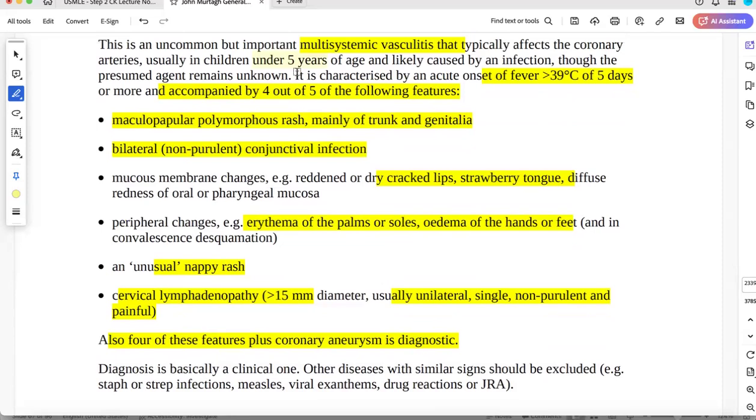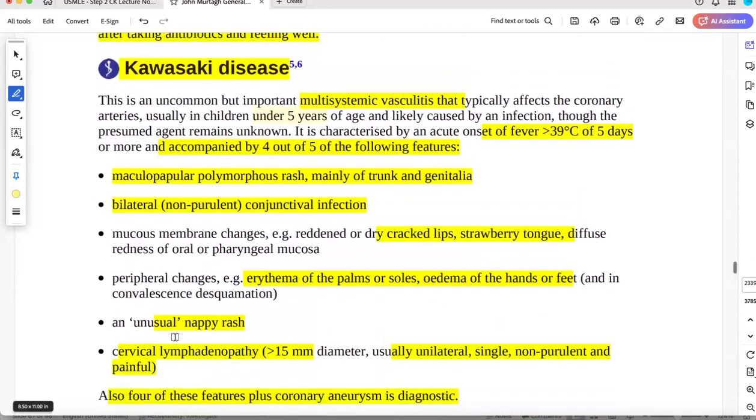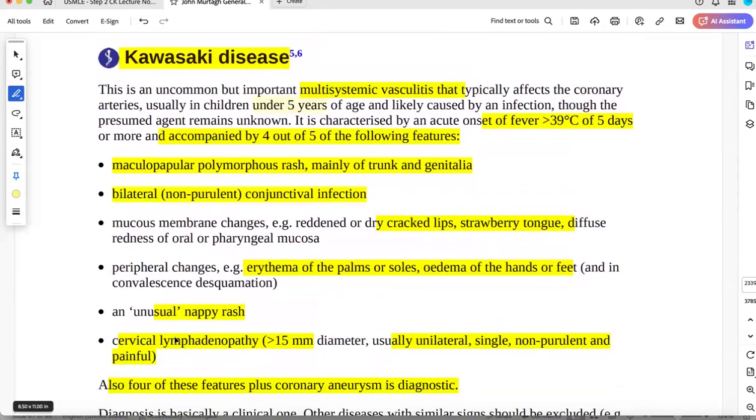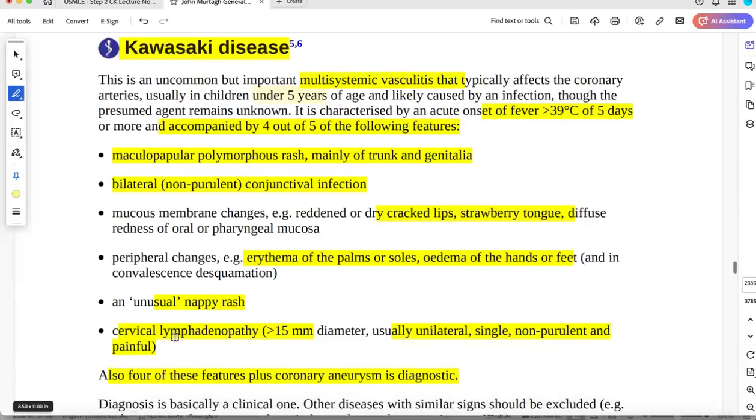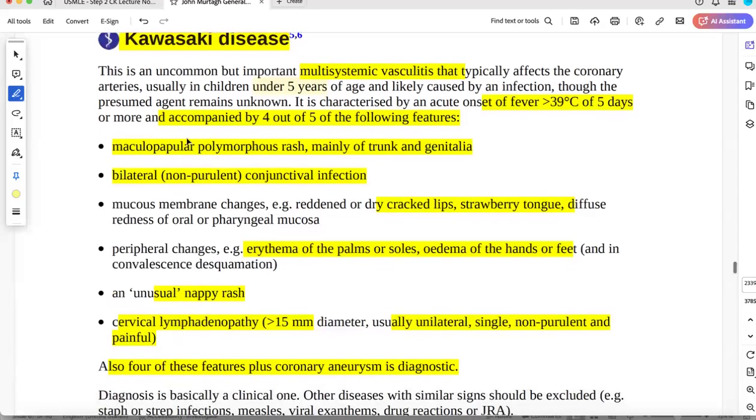So the child will have a fever of more than 39 degrees for 5 days. Along with that, if they have 4 out of 5 criteria, you can diagnose Kawasaki disease. So fever above 39 plus 4 out of 5 symptoms. So what are those 5 symptoms? Maculopapular rash, and the rash will be polymorphous, so different size and shape.